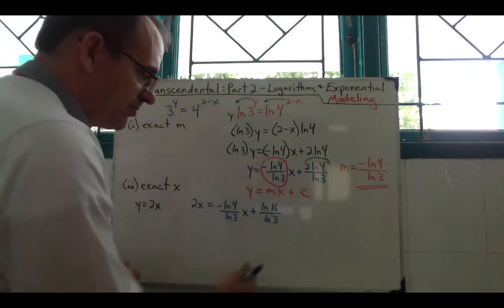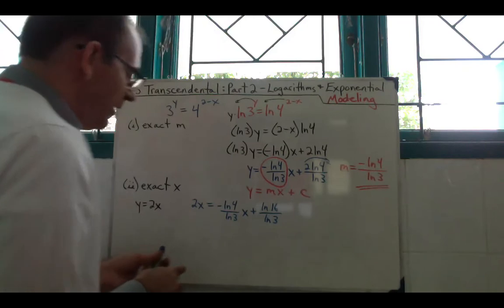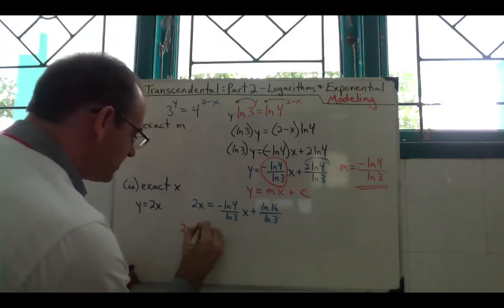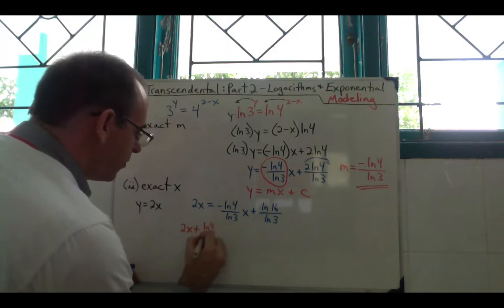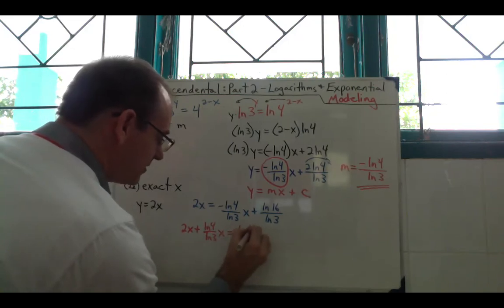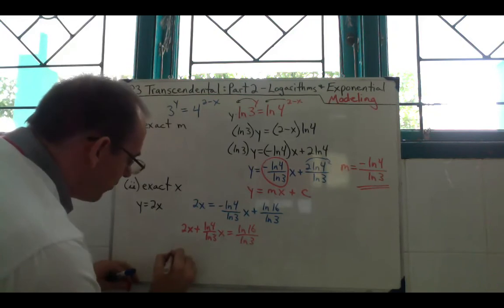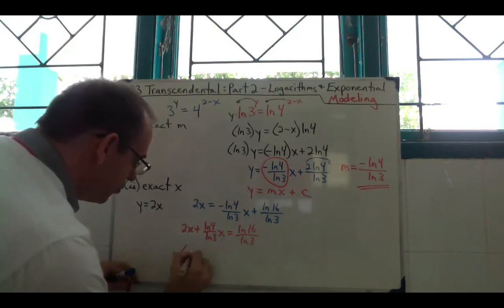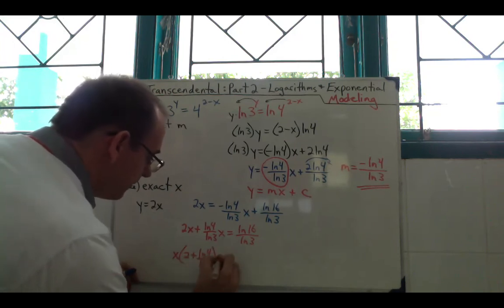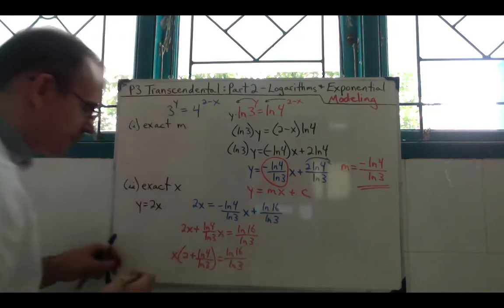Okay, now our goal is to find x. So we have 2 x terms and a non-x term, so we want to put these together. So we get 2x plus ln 4 over ln 3 x equals ln 16 over ln 3. And we want to factor out our x: x times 2 plus ln 4 over ln 3 equals ln 16 over ln 3.